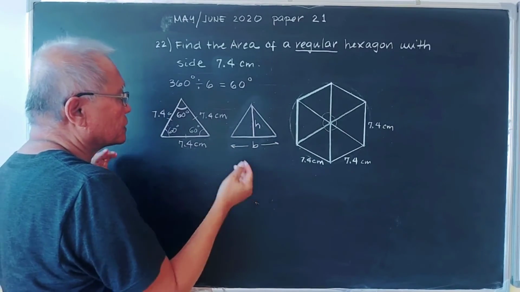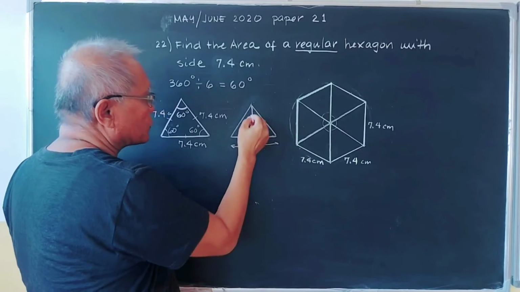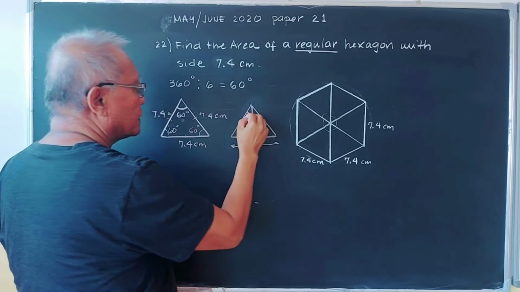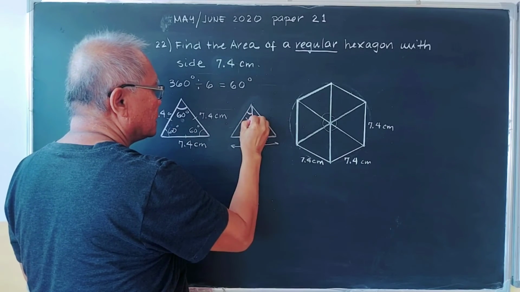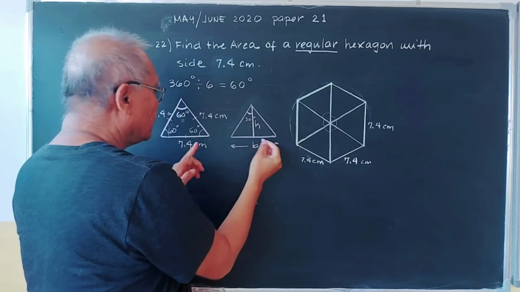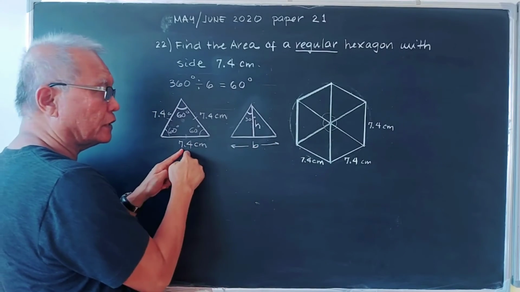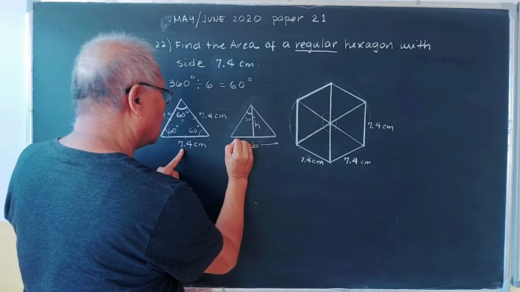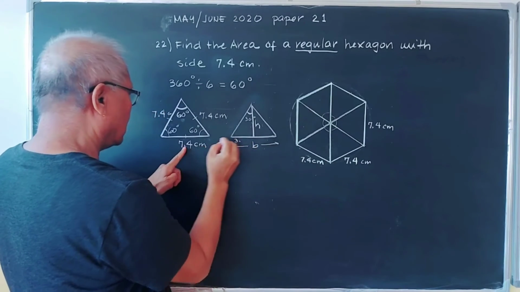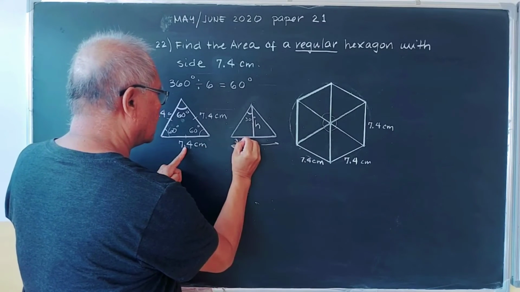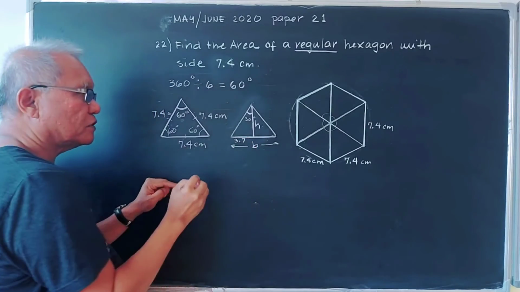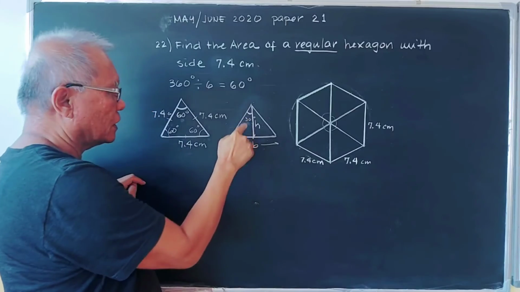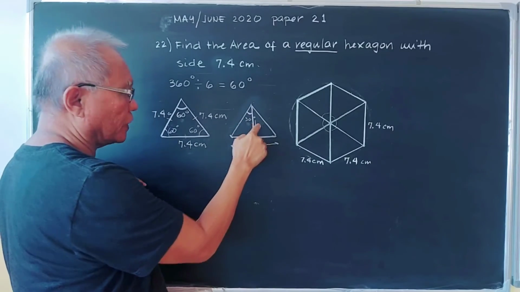What we do is we divide our triangle into 2 so that this one is 60 and this one is 30 degrees. And then we divide also the 7.4 here, so we have 3.7 centimeters. So here we will use the 30 degrees, 3.7, and we solve for h.